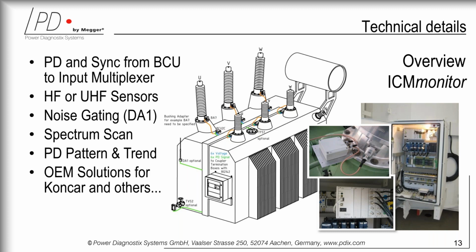Now, what I would like to mention here is that many people choose to have this system with an alarm mode trigger, and when the alarms are above a certain level, specialists dial in and look in detail at the patterns in order to understand what has happened with the transformer.